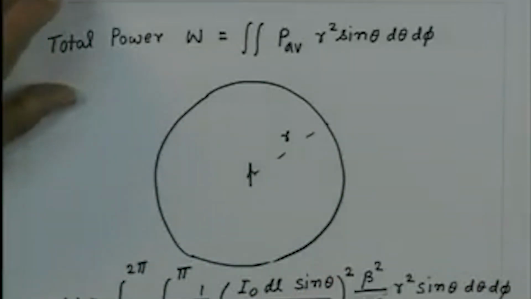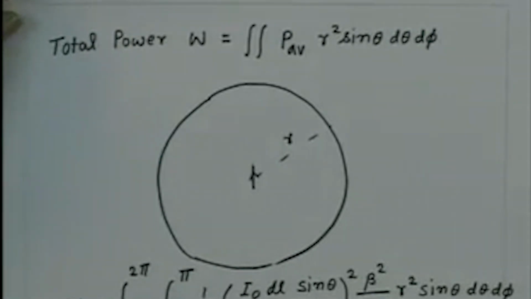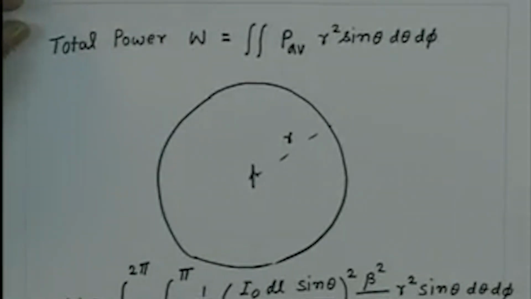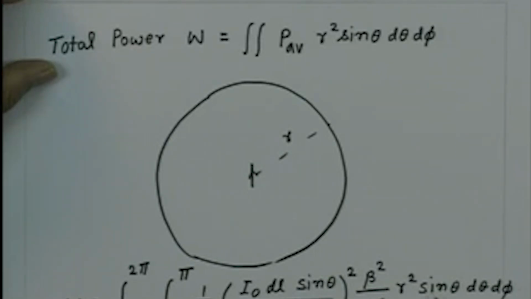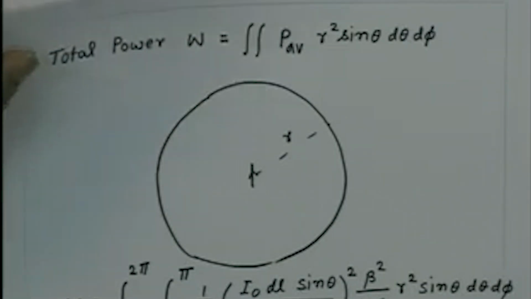So, if I just substitute now, there is no phi variation in this expression. So, phi integral is very straightforward, it will give me the value 2 pi, and integral is essentially over this theta. So, I have here theta square and this sin theta multiply, that will give me the sin cube theta.